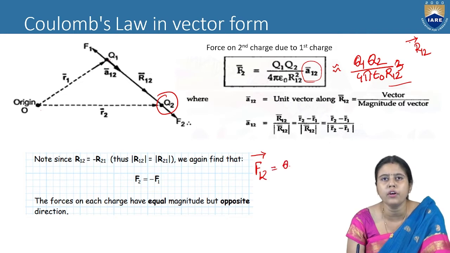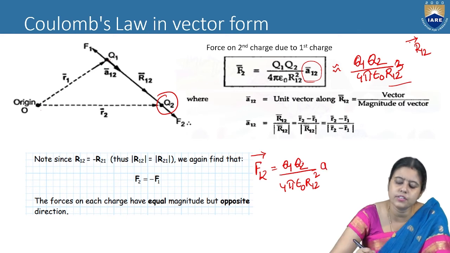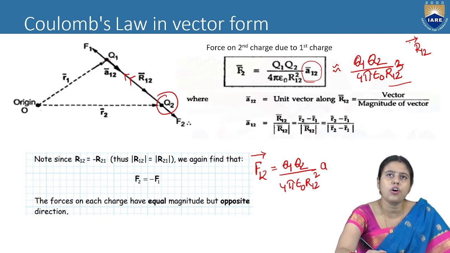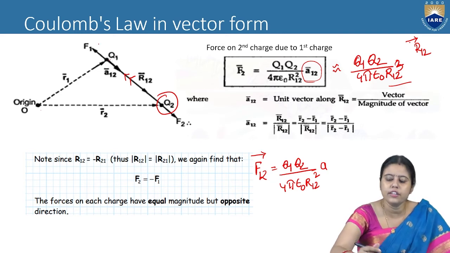F12 equals Q1 Q2 over 4 pi epsilon 0 R12 square, and now the force is not in this direction, it is in this direction, because it is the force on 1 due to charge 2.